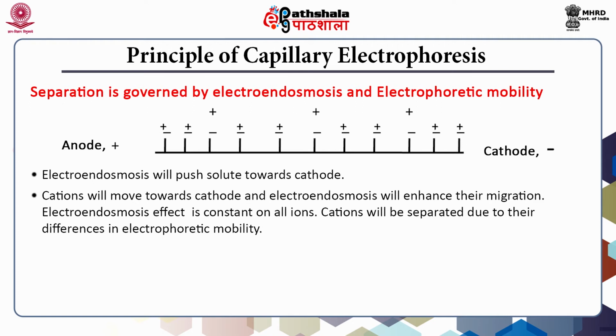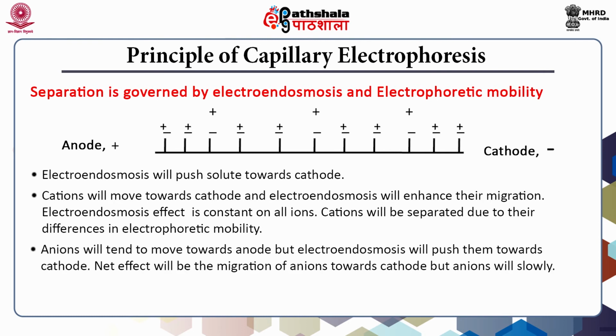faster than other ions. Anions will tend to move towards the anode, but electroendosmosis will push them towards the cathode. The net effect will be migration of anions towards the cathode, but anions will move slowly.